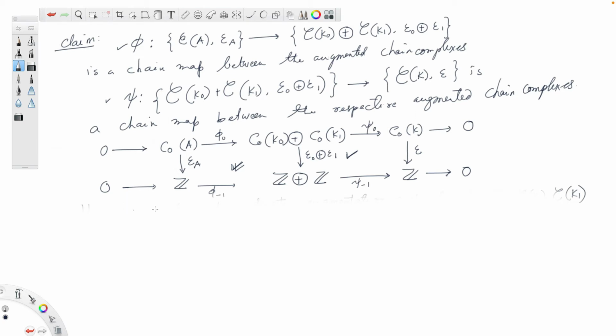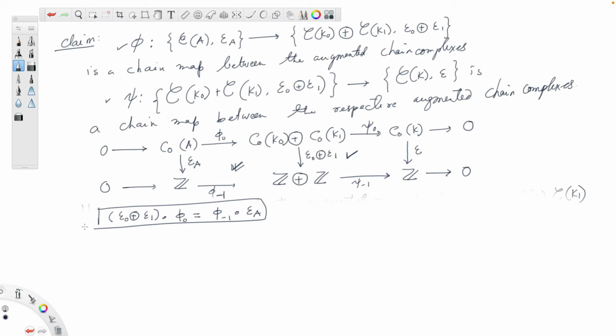In other words, we want to prove that the direct sum of epsilon 0 plus epsilon 1 composed with phi 0 is equal to phi minus 1 composed with epsilon A. This is what we need to prove first.